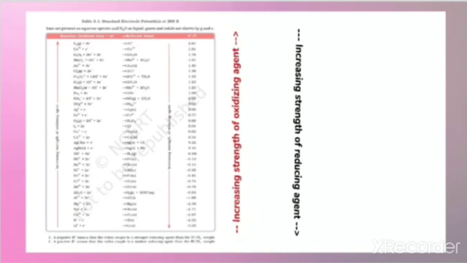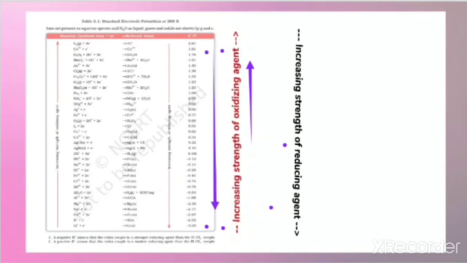We can see that from top to bottom the values are decreasing, and we can say that the strength of the reducing agent is increasing from here to here. So the electrode at the bottom will have greater strength as a reducing agent than the electrode at the top. But the electrodes at the top have greater strength as oxidizing agents, and the bottom ones have lesser strength.